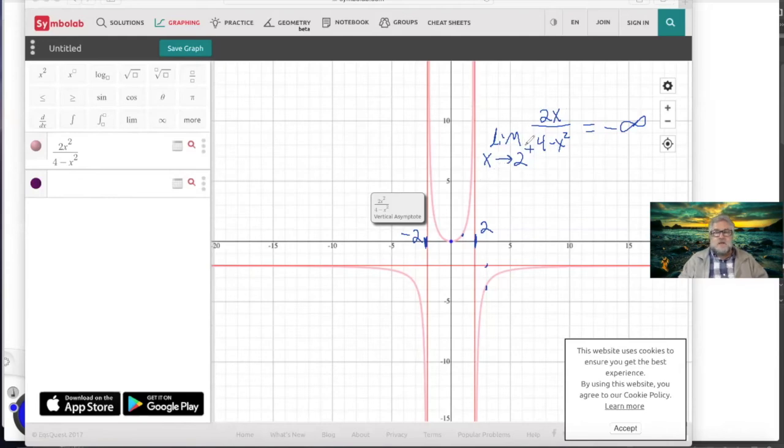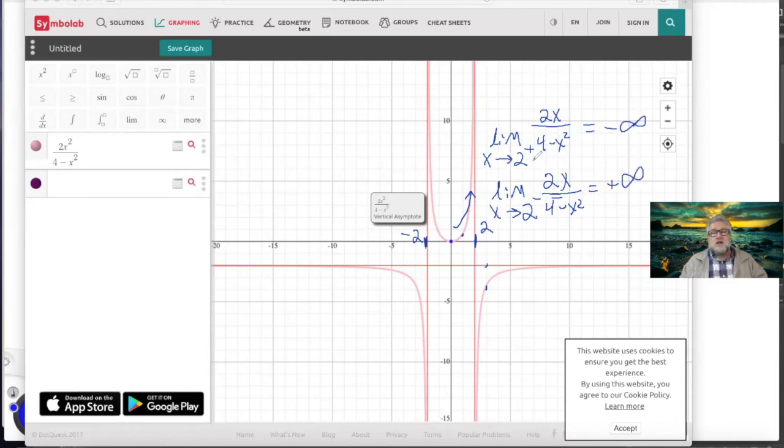Okay, so I could write it limit as x approaches 2 from the negative side. So that means you're approaching this way. 2x over 4 minus x squared. That's going to equal plus infinity.